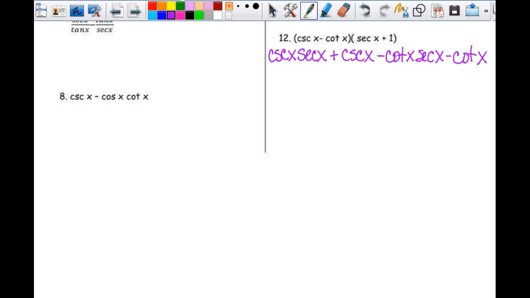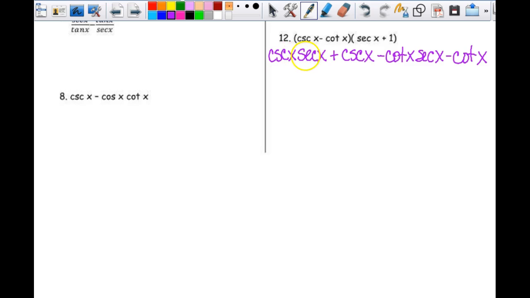Now, I've got a lot of secant and cosecant, and remember, if I rewrite things in terms of sine and cosine, that's like my go-to thing, number 1. So I don't know that I necessarily want to change them all to sine and cosine, but I also have this cotangent in here. So if you think about what these become, this has cosecant and secant.